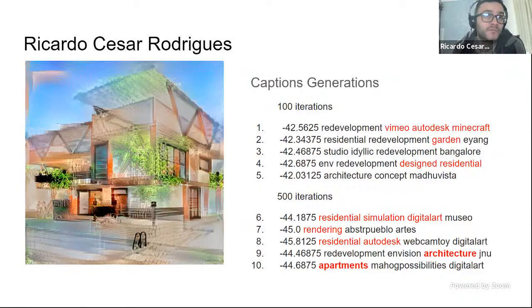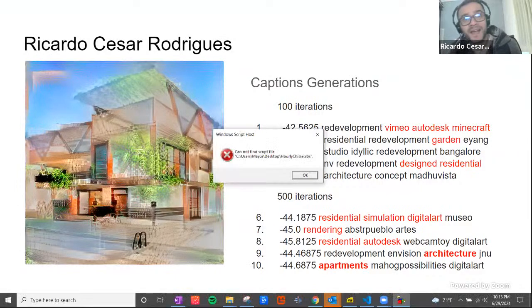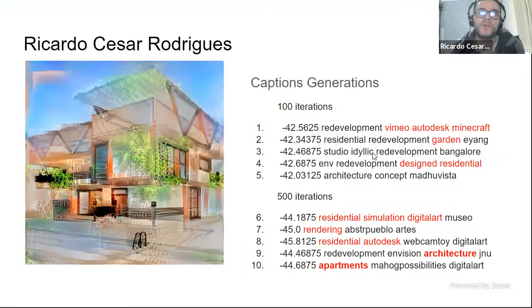It was related to a designed house, and at some point it became more realistic in what the machine was seeing, like a residential simulation, digital art, rendering. I think that's much of the idea of what's going on in the image. I had never tried this notebook, and it was a really nice experiment.